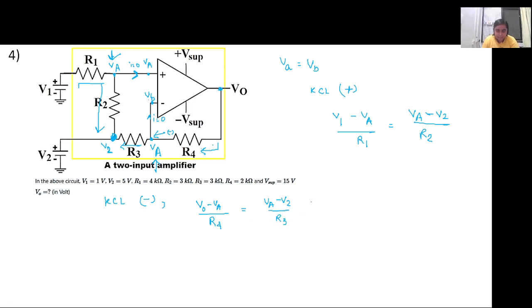Is this fine? Yes, ma'am. Now you have two equations and the unknowns here are V0 and VA. So two equations, two unknowns, we'll be able to solve it. So please let me know what value of V0 you are getting.